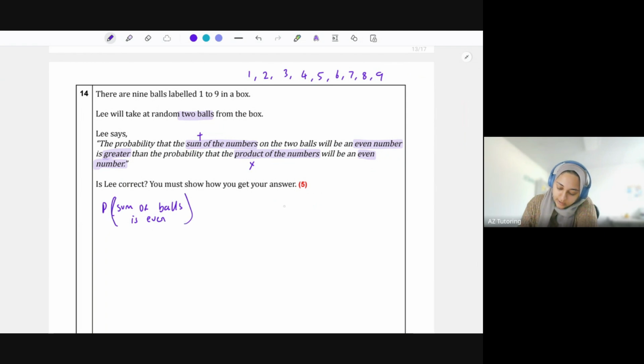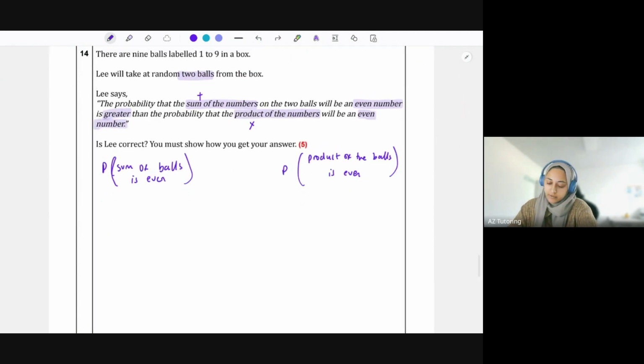And I need to work out the probability that the product of the balls is even. There are two balls that are going to be chosen. So I need to work out each of these probabilities, and if the sum is greater than the product, then Lee is right. However, if it's not, then he's wrong.